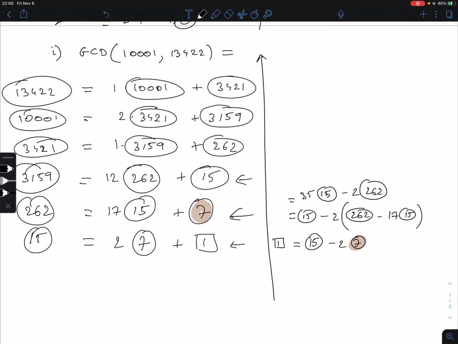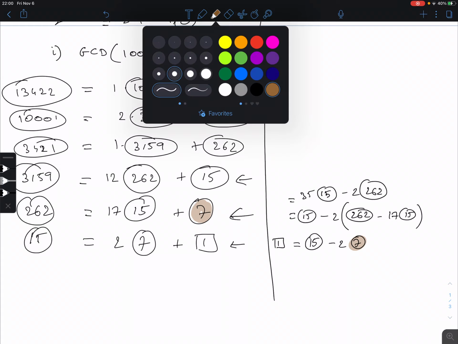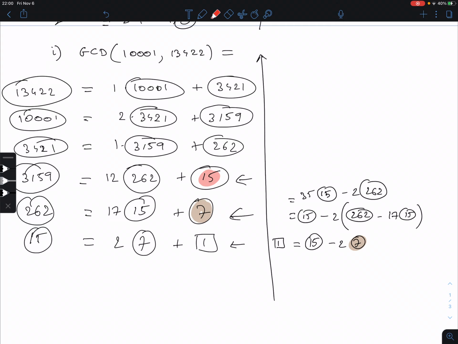The next one is 15, so I'll color it one more time. It's this 15 and this 15 that I now look at. So this is 35 times 15. You could say, but why not use this 15 in this 15? That's why I'm saying you have to be very, very patient. You have to do it step by step.